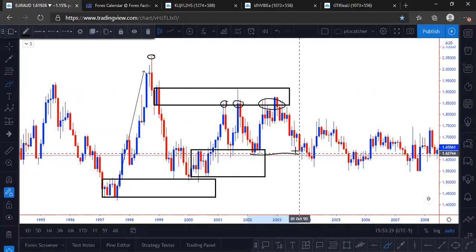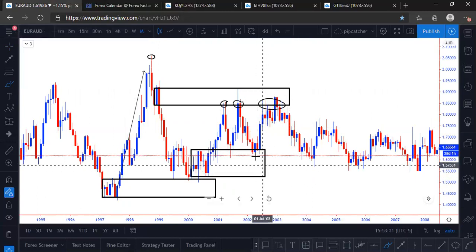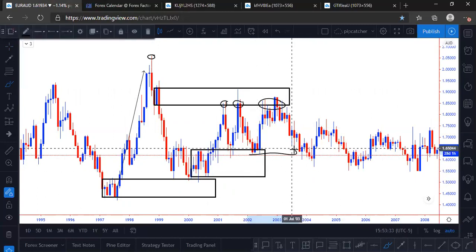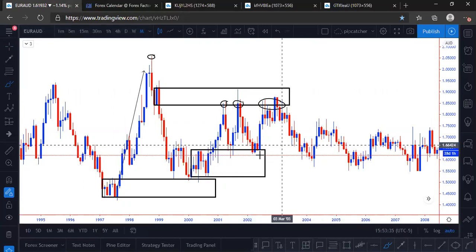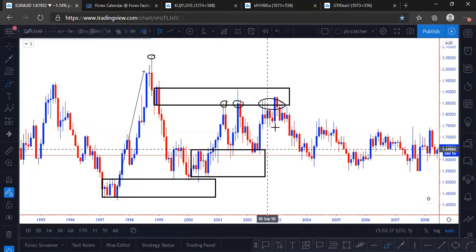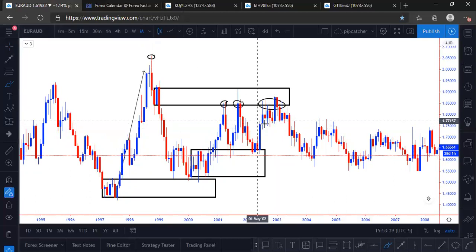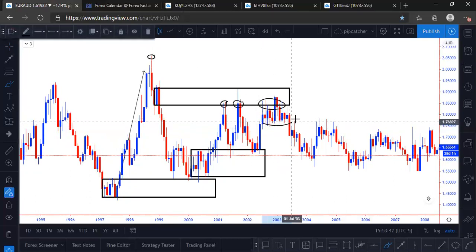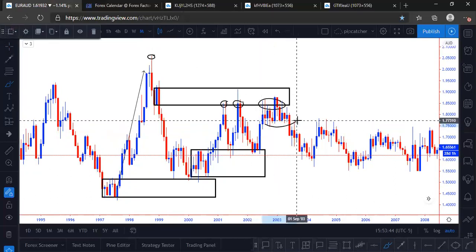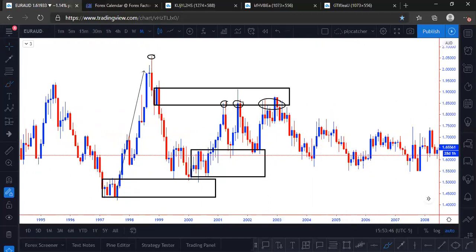You can see right there, price had broken that previous low. So that can give us confirmation that we are possibly bearish, right?